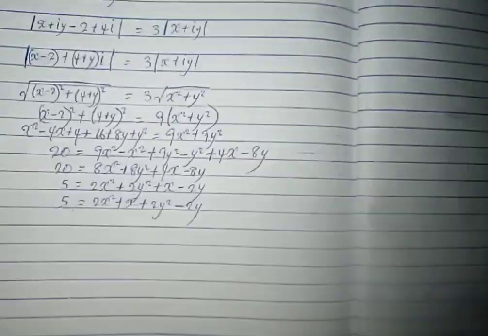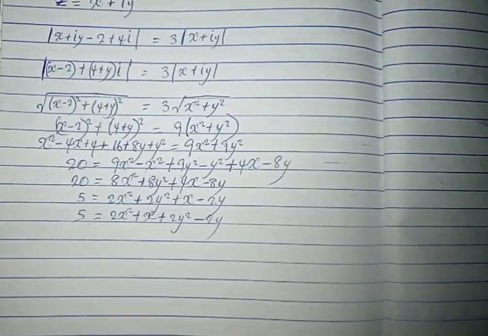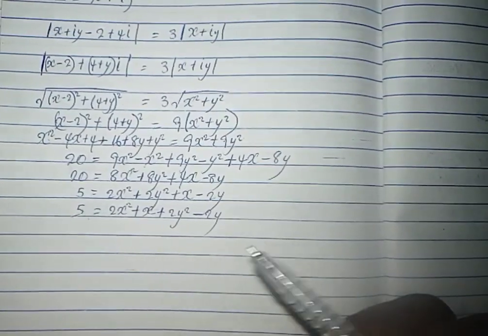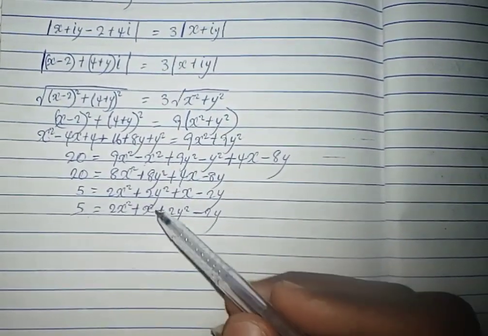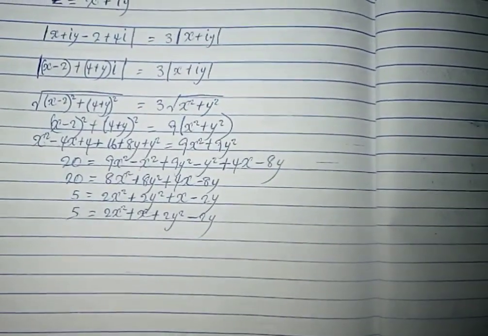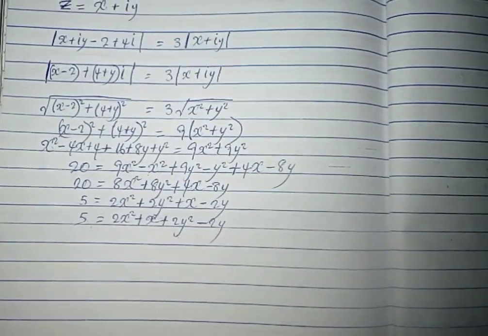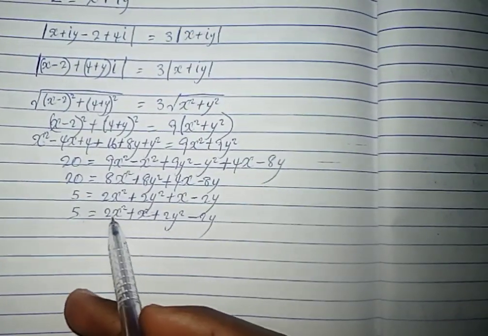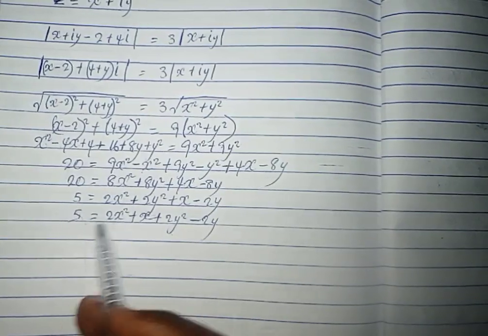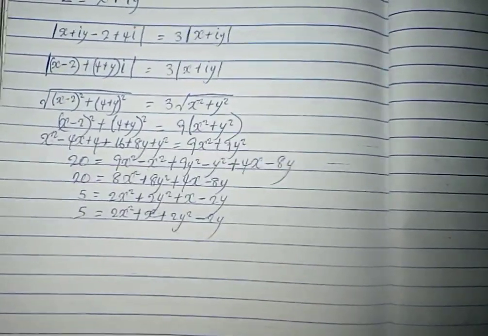Don't forget, I want to find a perfect square for 2x squared plus x. I want to add a number to it that will make it a perfect square, and the same thing applies to the y. But before then, I would love to factor out the coefficients of x squared and the coefficients of y squared.